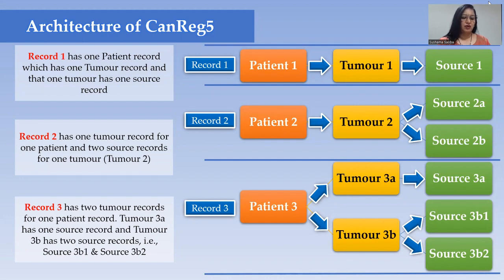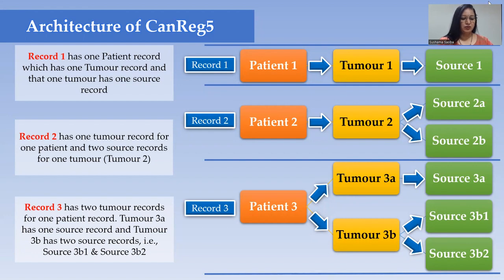Let us see the next record. This is patient record 2. This single patient has one single tumor, but the information about this tumor was obtained from 2 different sources, source 2A and source 2B. One may be a path lab, one may be a treatment center.